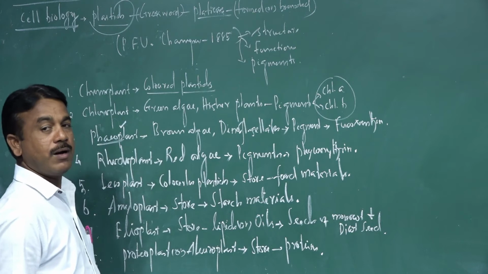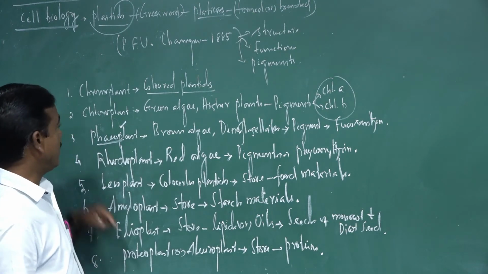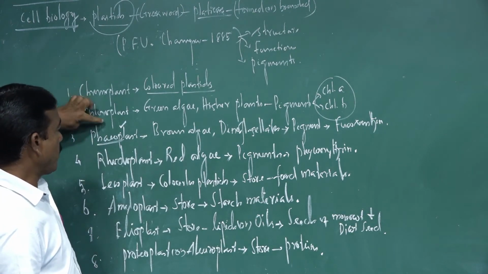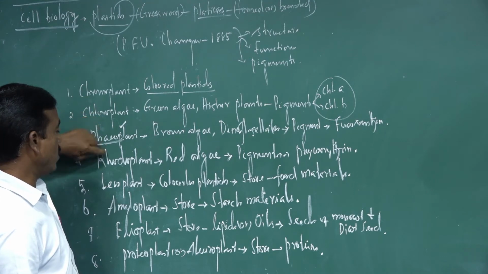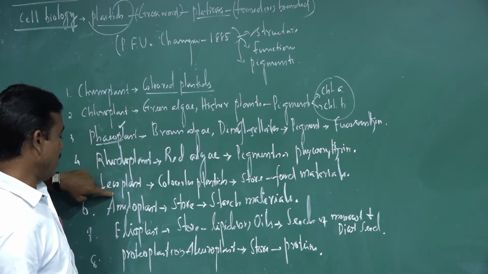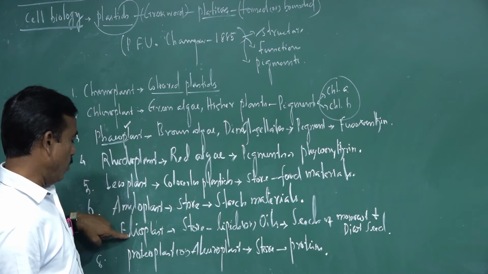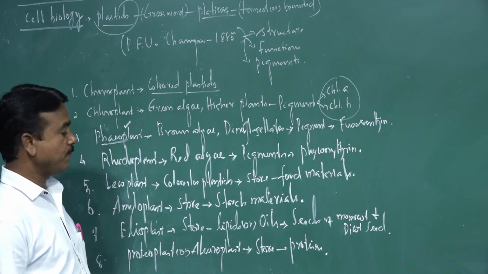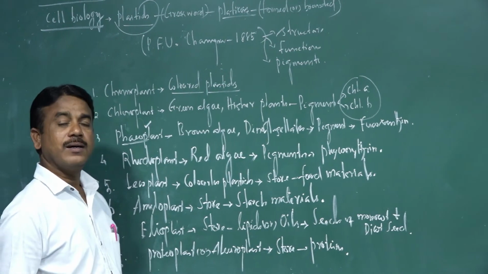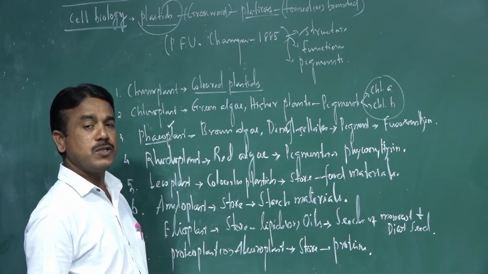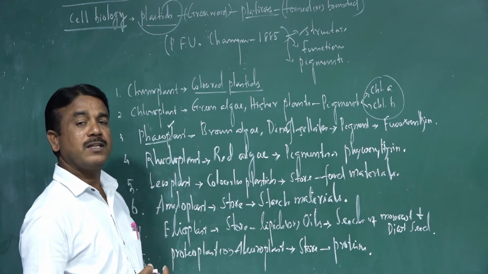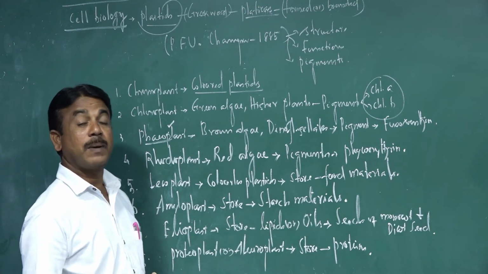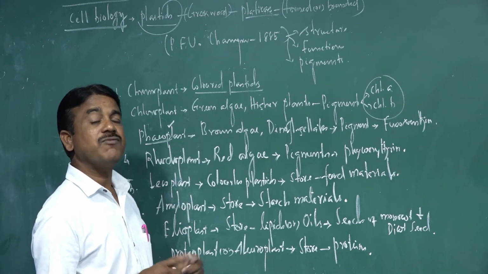So these are the different kinds of plastids, namely chromoplast, chloroplast, phaeoplast, rhodoplast, leucoplast, amyloplast, elaioplast, and proteoplast, also called aleuroplast. According to Schimper, plastids can be classified into various types, but plastids are transformed from one to another.